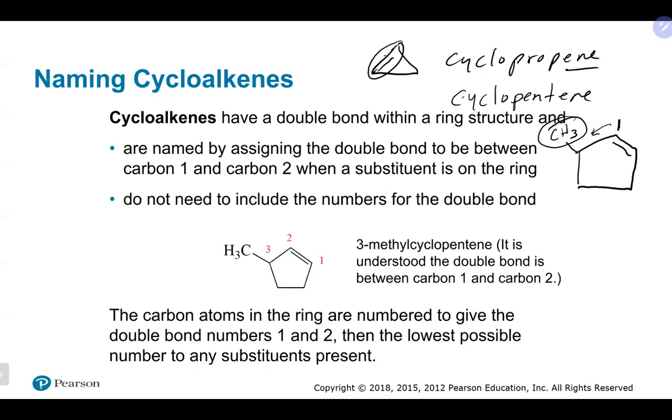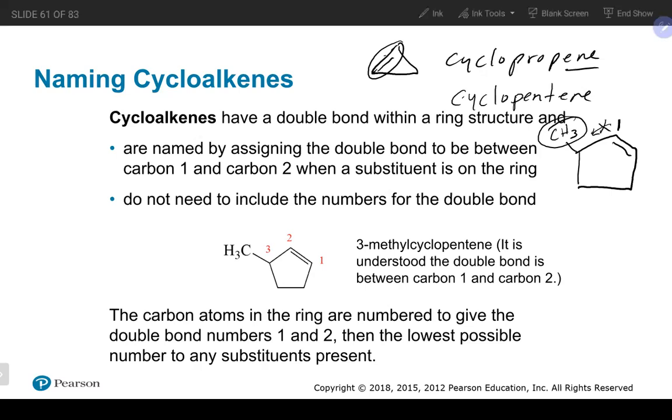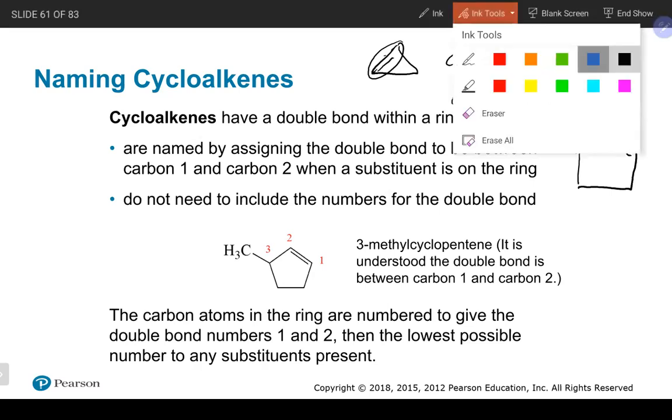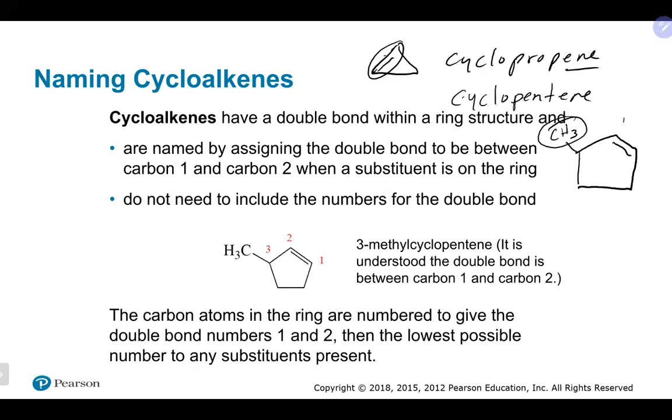But the rule is when you do have a group attached to a cycloalkene, you have to number and pass through the double bond as you are numbering, which means you cannot actually just go that way to give it the smaller number. So really your 2 options in this particular case would be to go 1 and go through the double bond to 2 to 3 to 4 to 5.